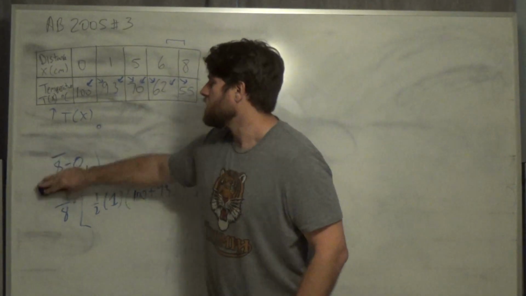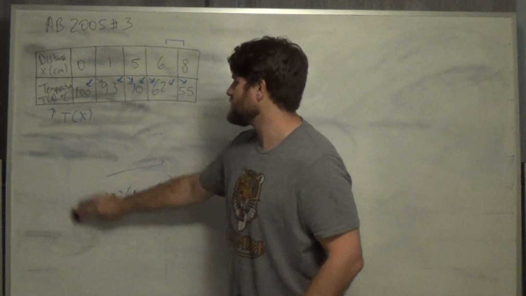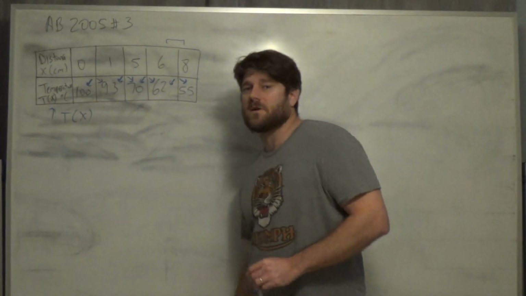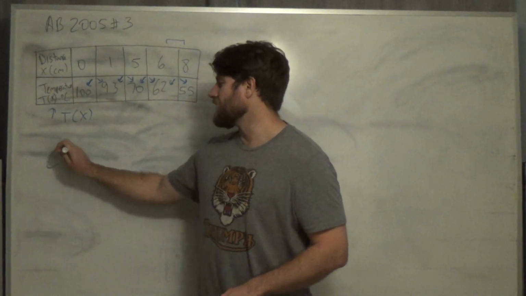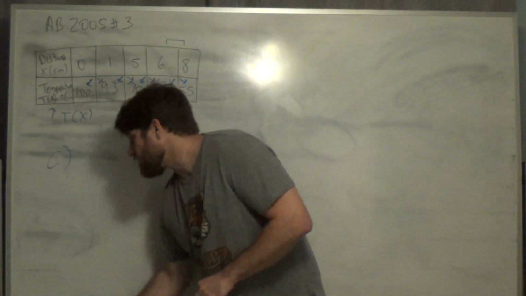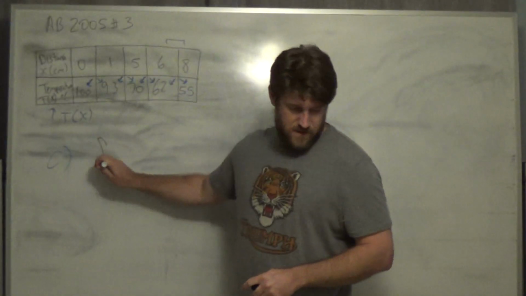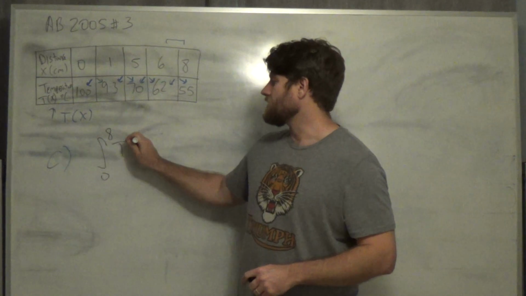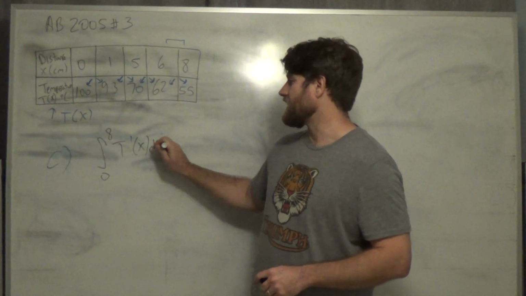Okay, so for part C here, it's one of those questions that looks like you're going to have no clue what you're doing, and that it's actually not going to be that bad. All right, so the question is to find the integral from 0 to 8 of T prime x dx.